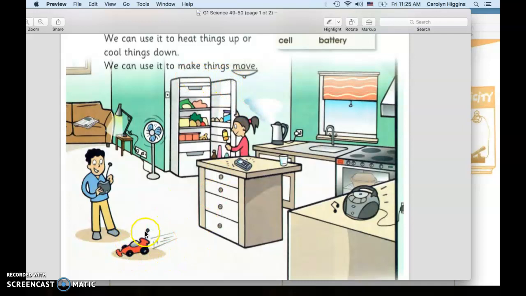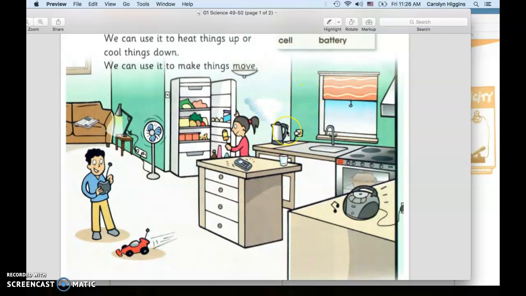Like this car. You put a battery in here and this car will move. And this fan, you can plug it in and then the fan will move. And this lamp, you plug this in and the light will come on. How about the refrigerator? It makes things cool. And the remote control, you put batteries in and you can change the channels on your TV.